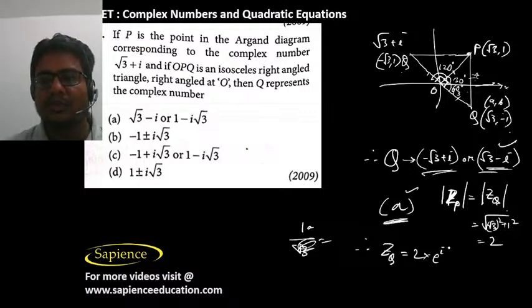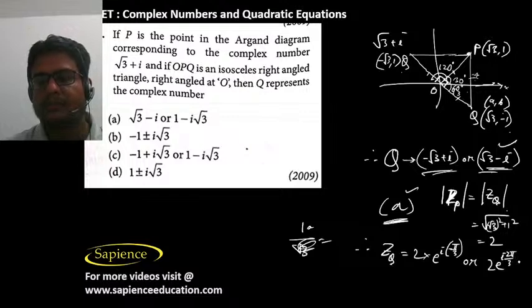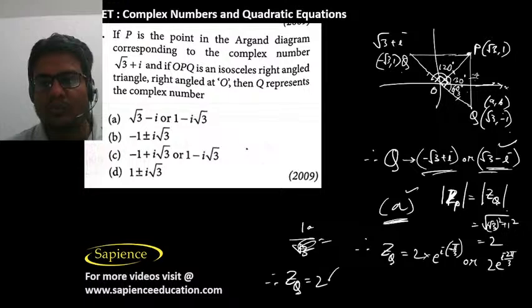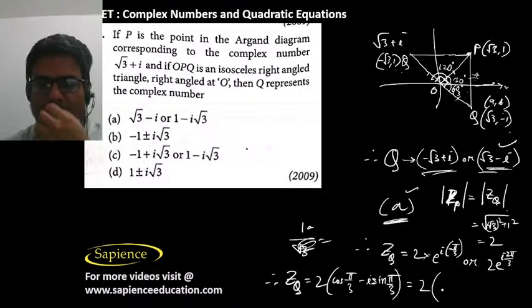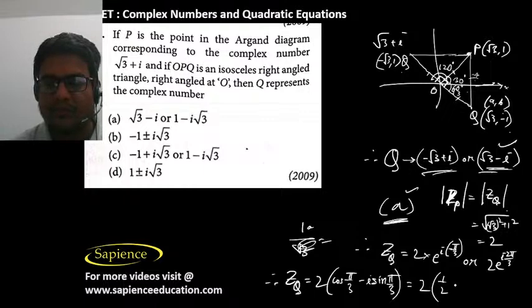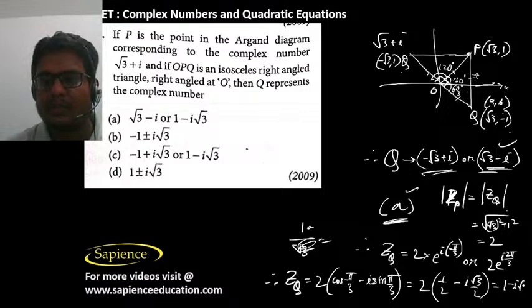So it can be 2 e power minus pi by 3, or it can be 2 e power I 2 pi by 3. So therefore the complex number Q, that can be 2 cos pi by 3 minus I sin pi by 3, that is equal to 2 into cos pi by 3 is half minus I sin pi by 3 is root 3 by 2.